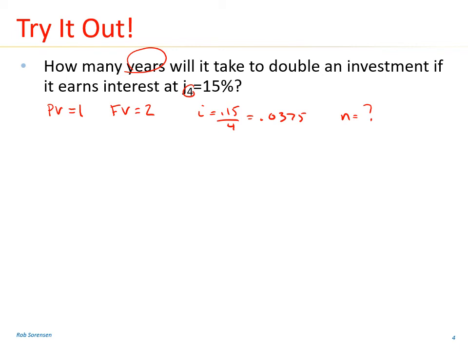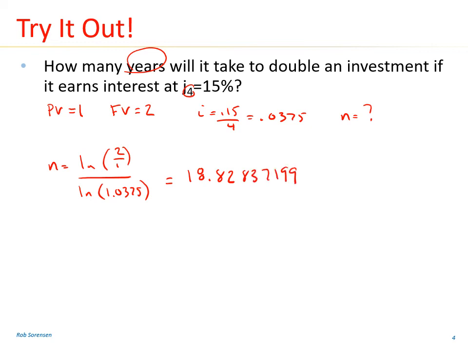All right, let's first start by finding n. n is going to be the log of 2 over 1, or just the log of 2, divided by the log of 1.0375. That's not too bad to work out. Works out to 18.82837199 on our calculators.